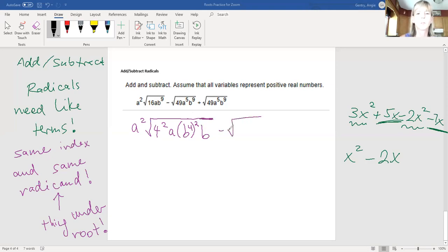Minus square root. 49 is 7 squared. I need a 2, A squared squared. 2 times 2 is 4, and one more is the 5. B to the 9th is B to the 4th squared and B.